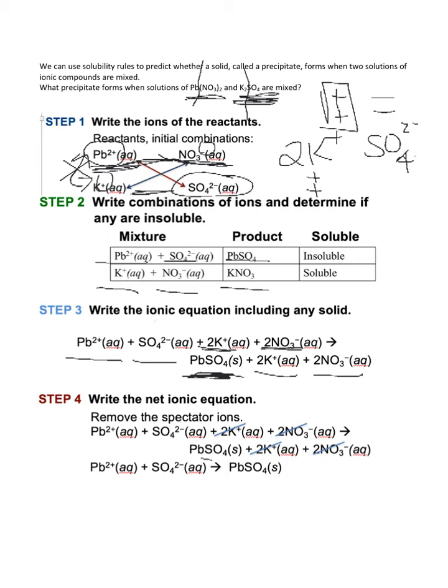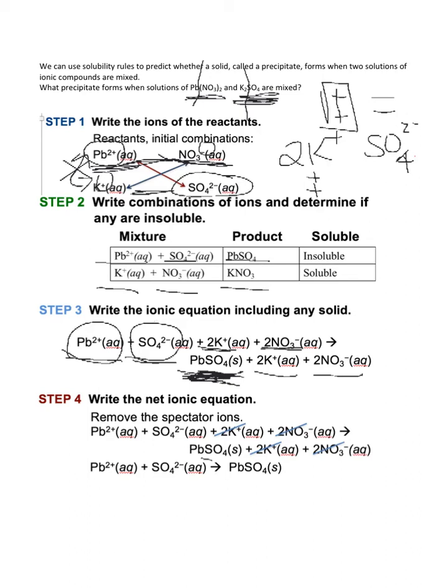Now, we're going to write the net ionic equation by removing the spectators. Again, spectators are anything that shows up unchanged on both sides of the arrow. So Pb plus 2 is not unchanged. Instead, it becomes part of PbSO4. The SO4 2 minus is also not unchanged. It's part of the PbSO4 here.